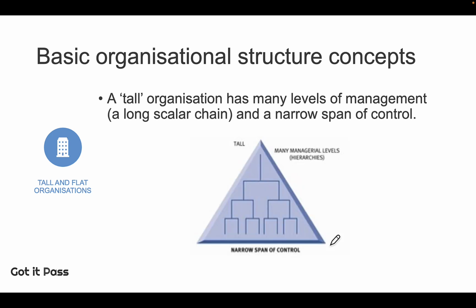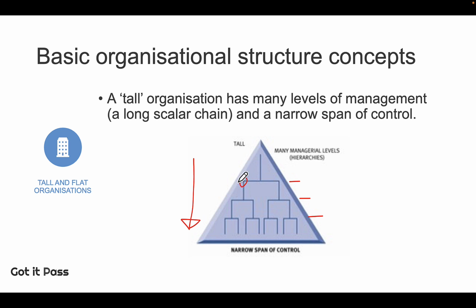As in this diagram, there are many managerial levels, very high on the hierarchy of an organization. It is quite complicated, and you have different layers: first layer, second layer, third layer. So the scalar chain here is long, but the span of control of each manager is not wide.